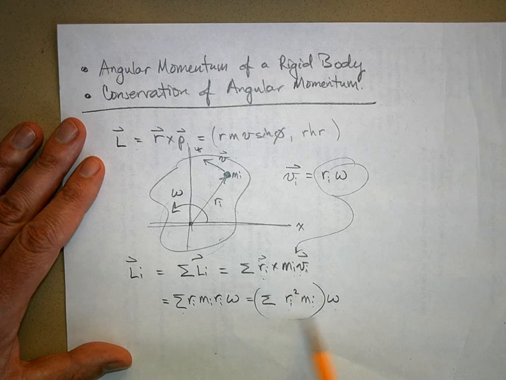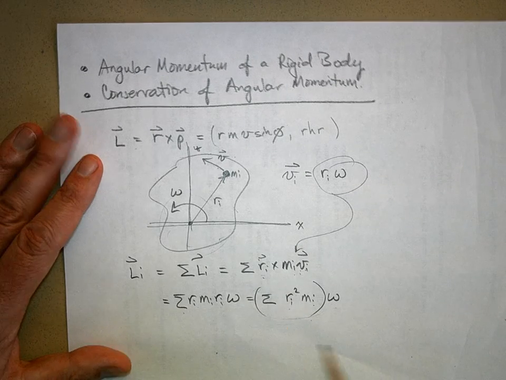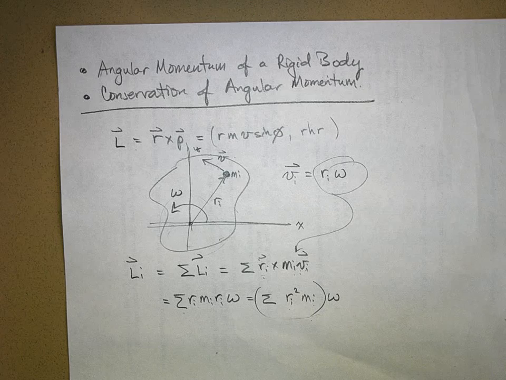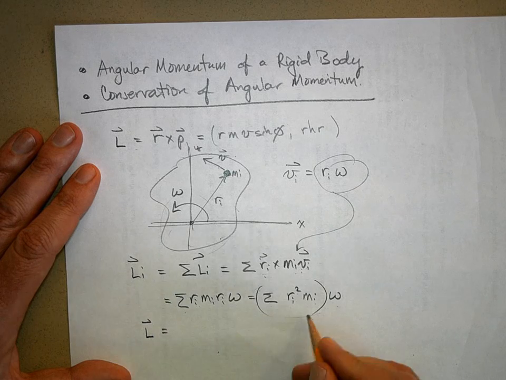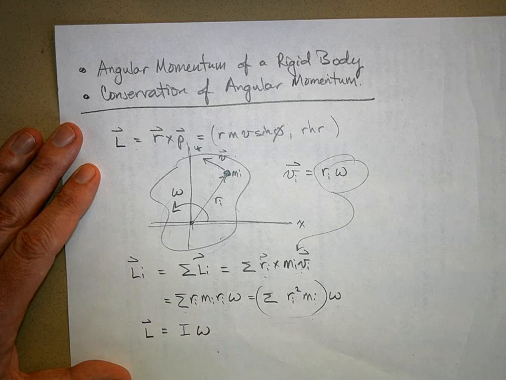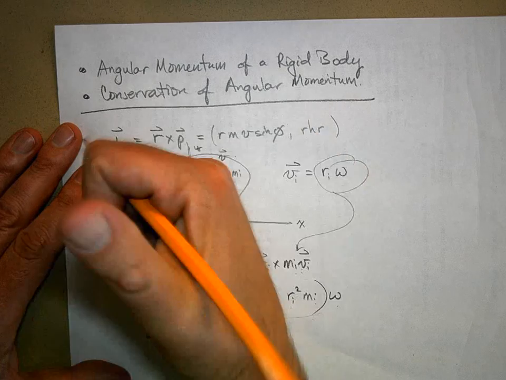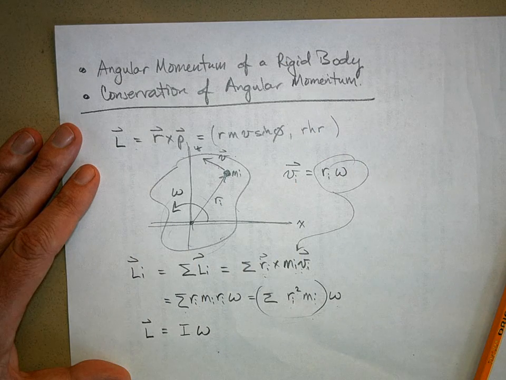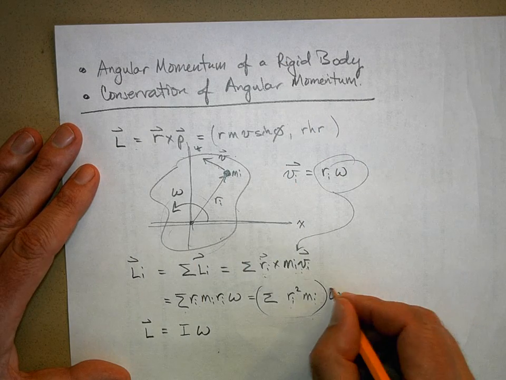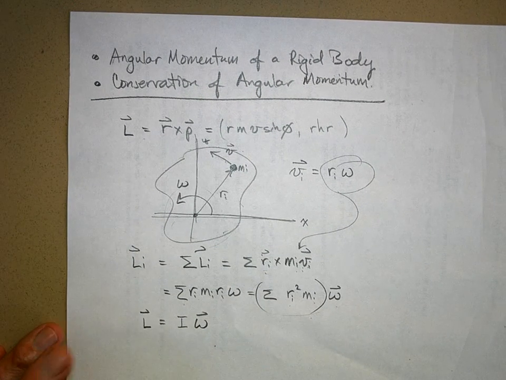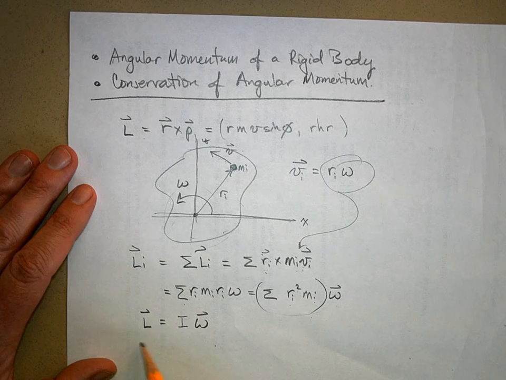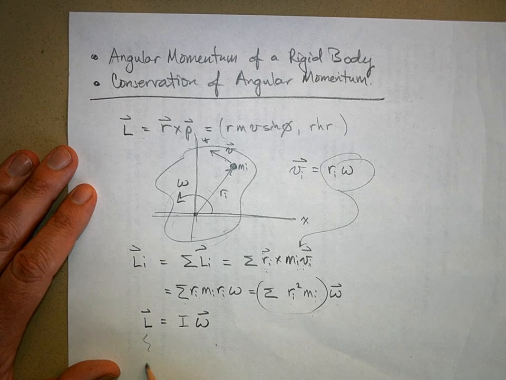Now this should look familiar to you. What is mass times the radius squared? That's rotational inertia. And so we can say that L for a rigid body is equal to I omega. And omega has an orientation in three-dimensional space, so it is considered a vector of sorts. And so L equals I omega. And this is what we talked about before. This is like the rotational analog of p equals mv.